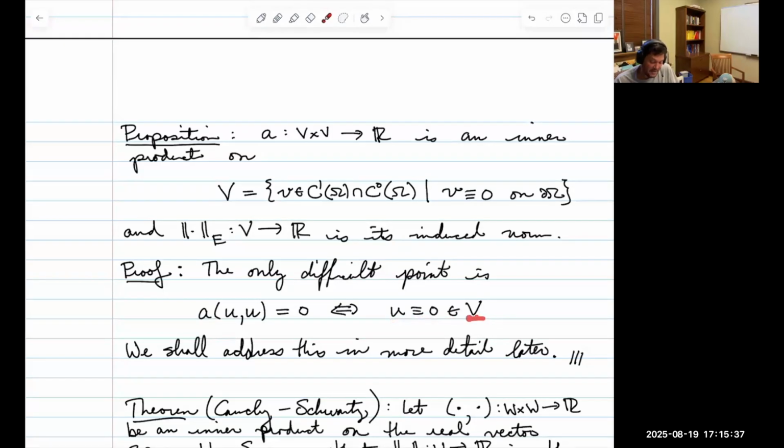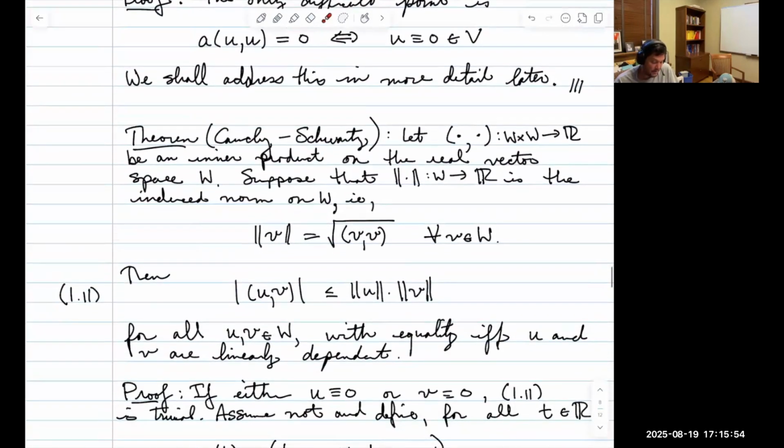Remember, the space is kind of nice because it's C1 functions, which are C0 up to and including the boundary. So we're just going to assume that this is true for now, and we'll come back and talk more about this later. But that's the only difficult point that we need so far.